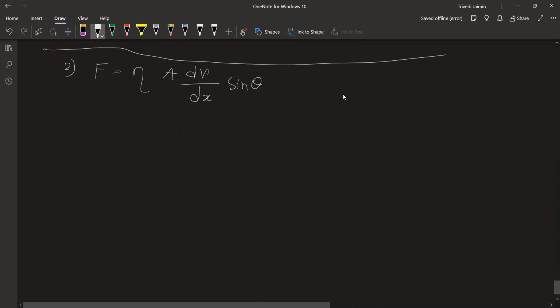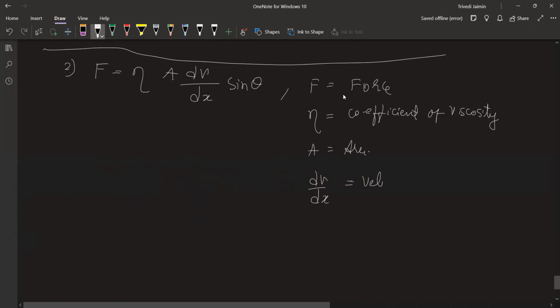Where F is force, eta is coefficient of viscosity, A is area, dV by dx is velocity gradient with respect to distance, and theta is angle of contact.